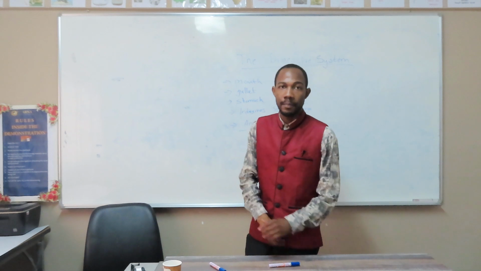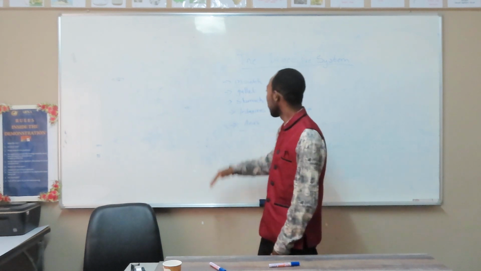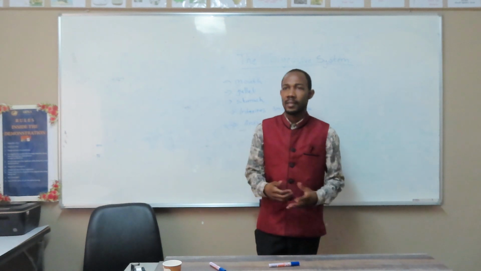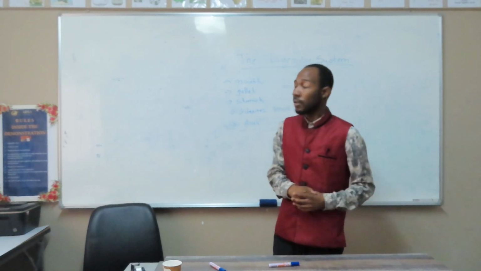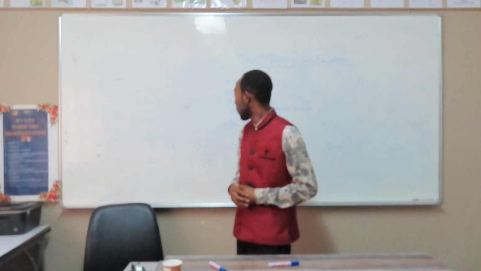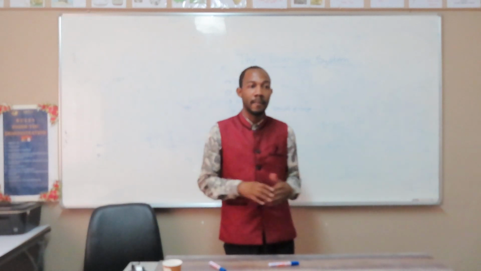So these are the parts that make up the digestive system. The mouth, the gullet. The gullet is also known as the esophagus. We have the stomach. We have the intestines, the small and the large intestines, and also we have the anus.